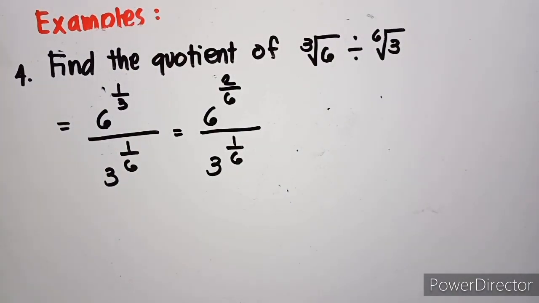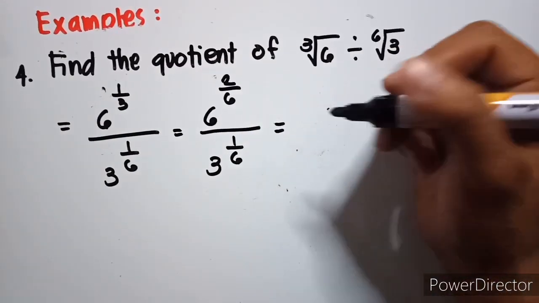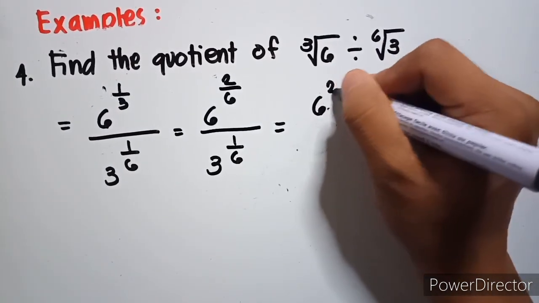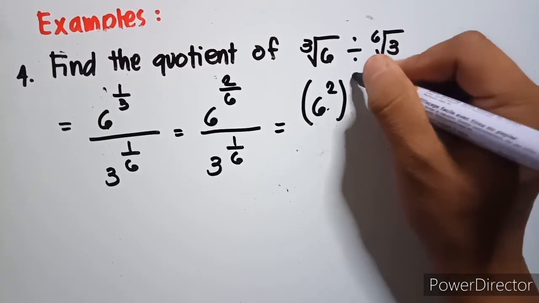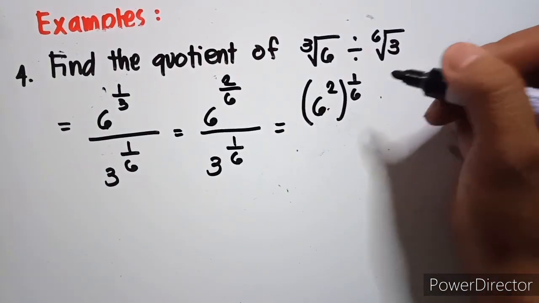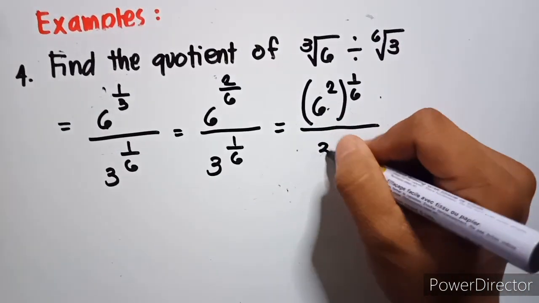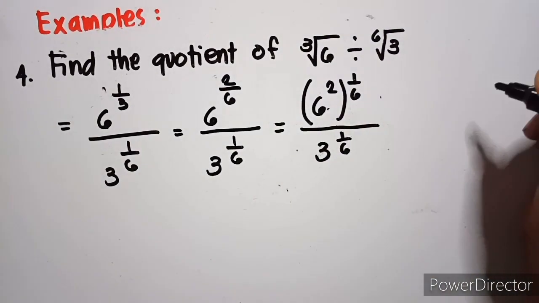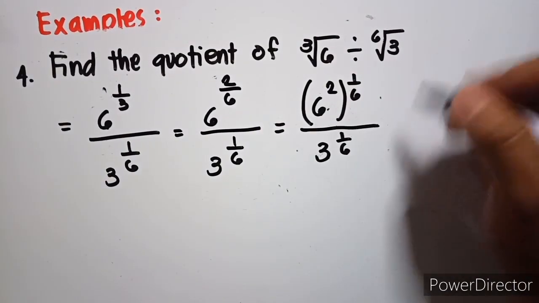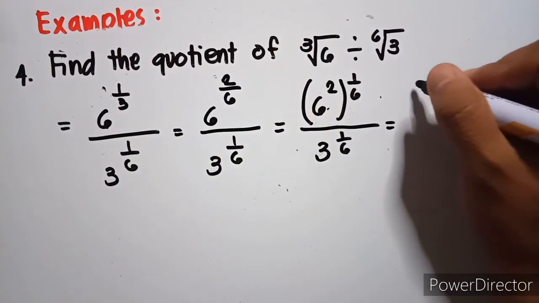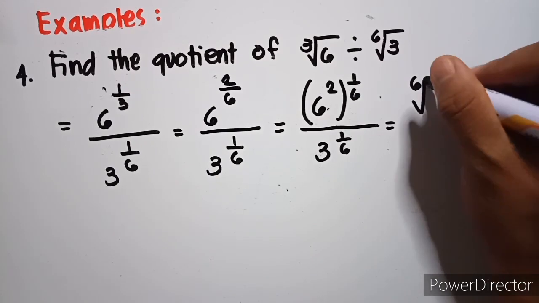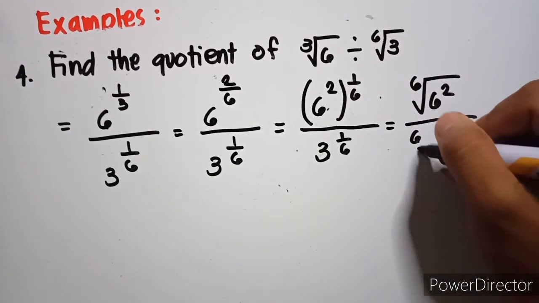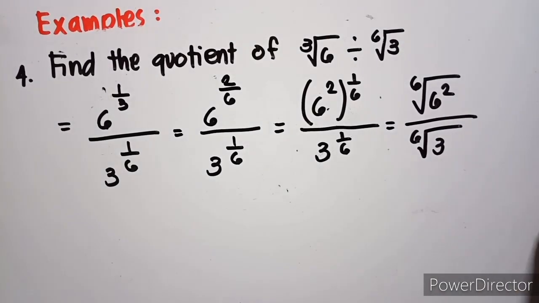Okay. Then, applying laws of exponent, so magiging siyang 6 squared raised to 1 over 6 over 3 raised to 1 over 6. Then, rewriting this into radical, so this is equal to 6th root of 6 squared over 6th root of 3.